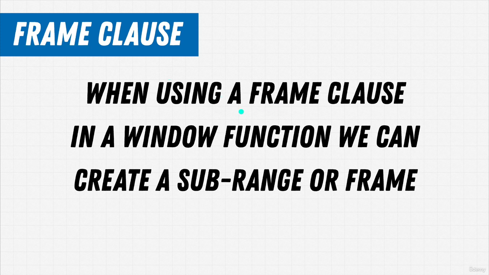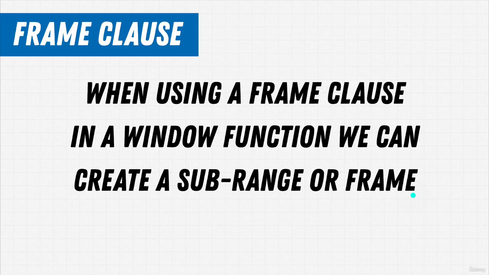When using a frame clause in a window function, we can create a subrange or frame. A subrange or frame, what does that mean? Well, when we visualize our data inside our mind, when we use partition by, we are basically creating chunks.